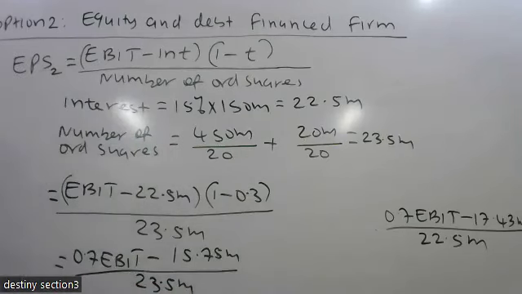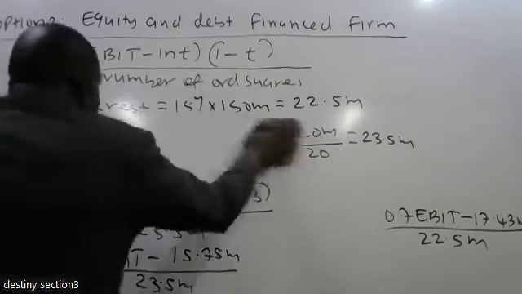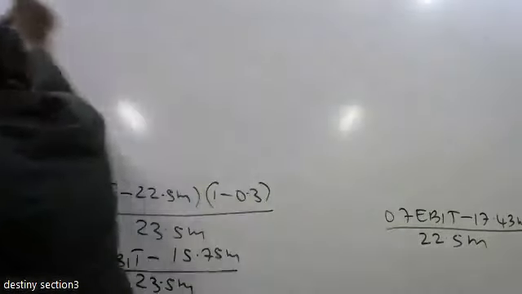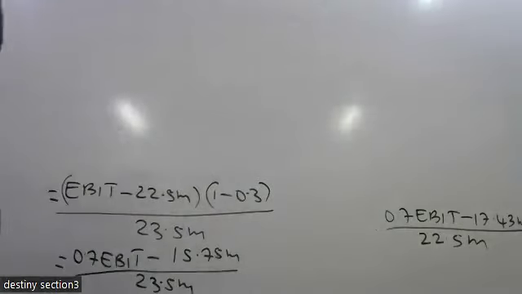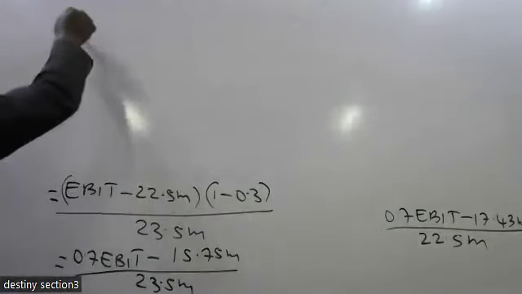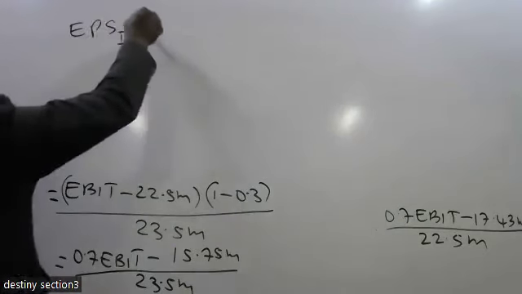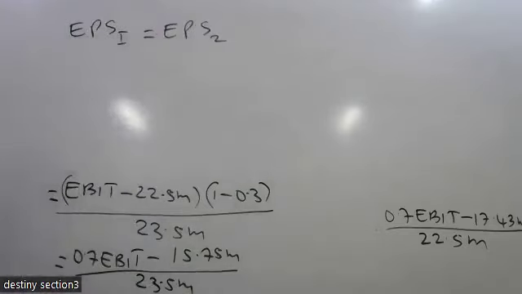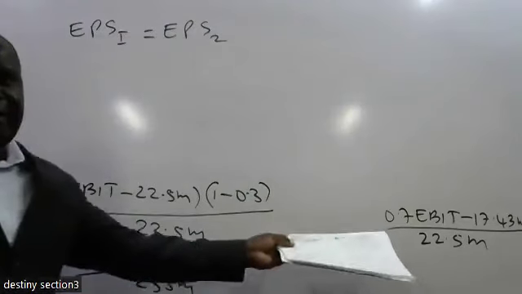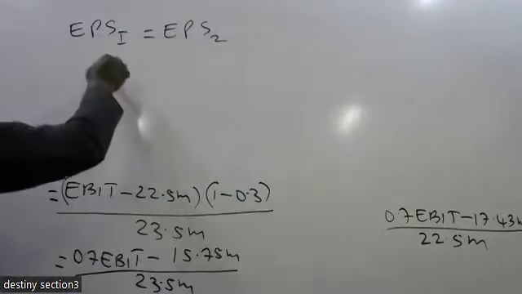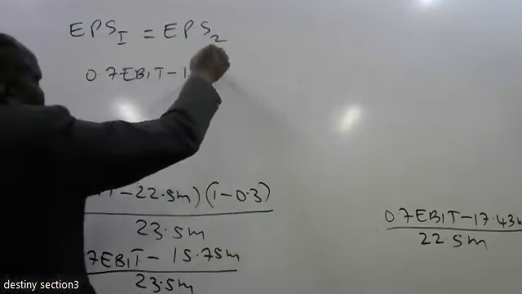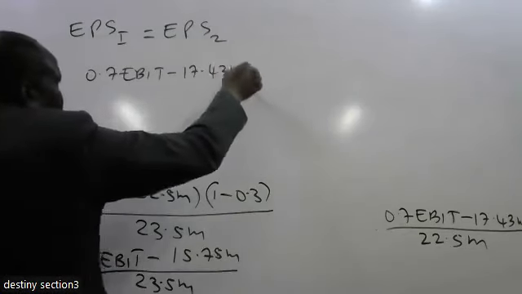So we now have the two equations. In our two equations, earnings per share for option 1 is equal to earnings per share for option 2. So the formula for option 1, we had it there. 0.7 earnings before interest and tax. We subtract 17.4 million.